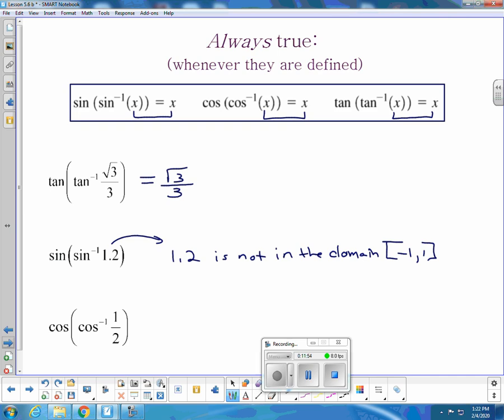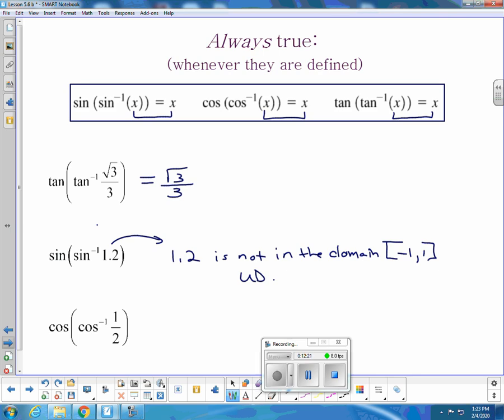So it's undefined. It does not equal 1.2. The sine inverse of 1.2 is undefined. This is not possible, so you just say it is undefined. You understand? It automatically equals what's in here as long as it's defined at that number.